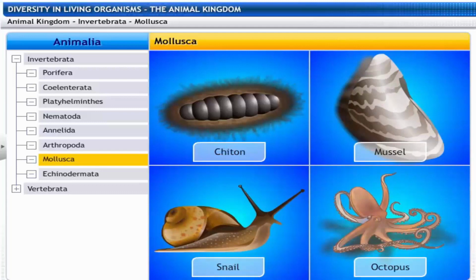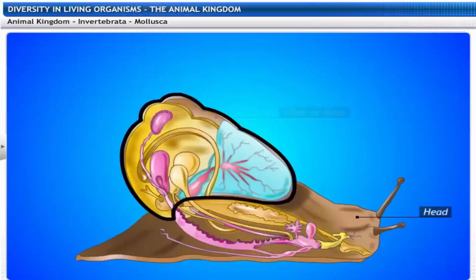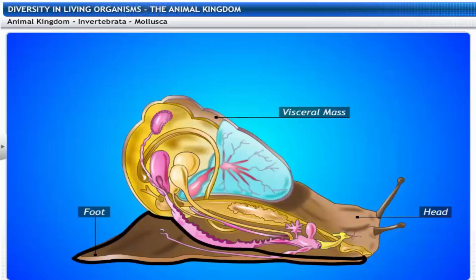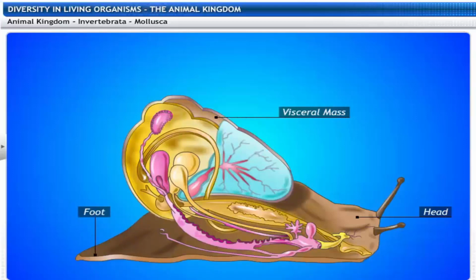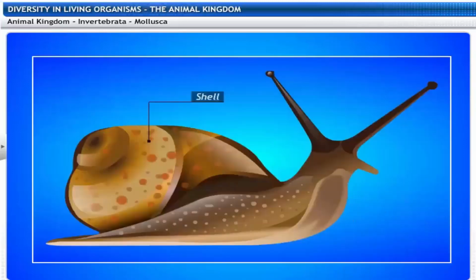Mollusks are aquatic in habitat. Their bodies are soft and comprise head, visceral mass, and foot. Locomotion in mollusks is by means of a muscular foot. Their bodies are enclosed in a hard, calcareous shell.